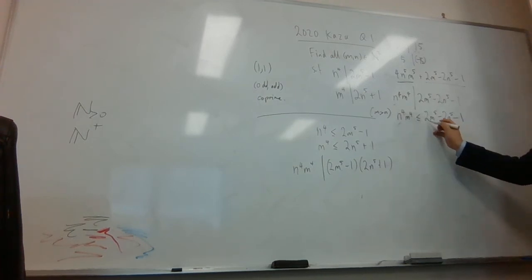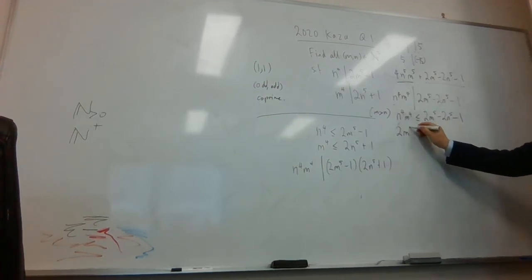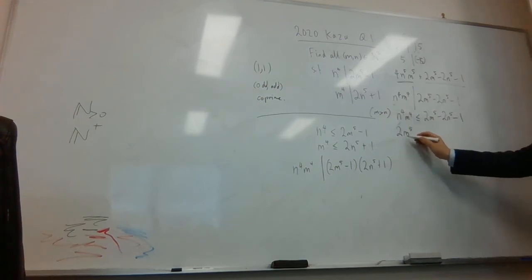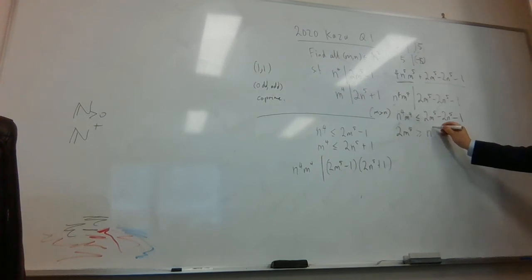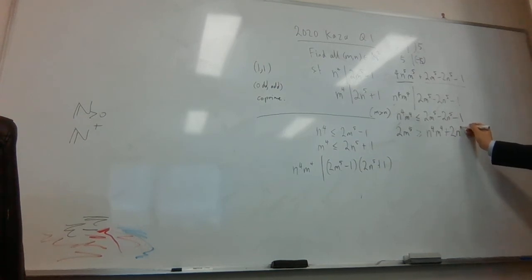Okay, so we have from here 2m to the 5, this puny fifth power, is bigger than or equal to this huge eighth power thing, plus some other stuff, yeah?